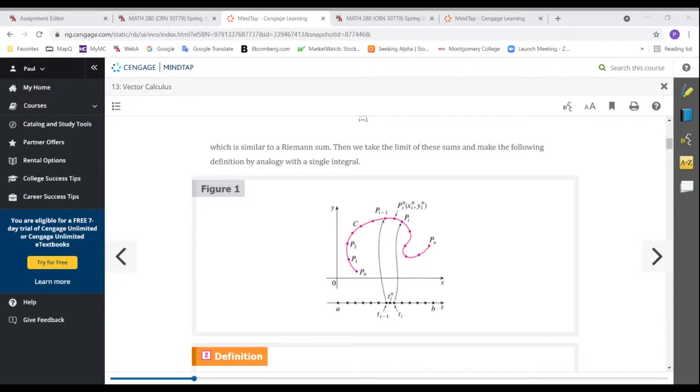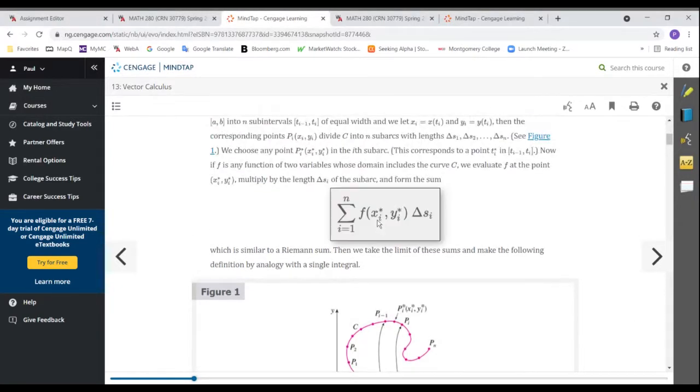So basically the curve C, which is one big long arc, can be broken up into a bunch of little individual arcs, and the little individual arcs are dependent on the time that the curve is at. So what if we were to take some function of two variables, and multiply it for different coordinates by different delta s sub i's?